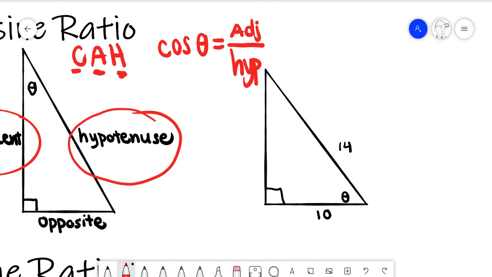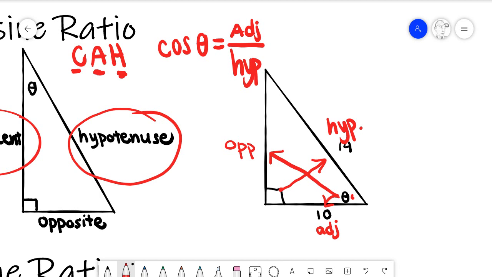So in here we have our right angle. The opposite of it seems to be 14, so that's your hypotenuse. Then theta is your angle of interest. The opposite of it is here, so that's your opposite side. And your adjacent side would be 10. It's right beside your angle of interest, and it's not the hypotenuse.